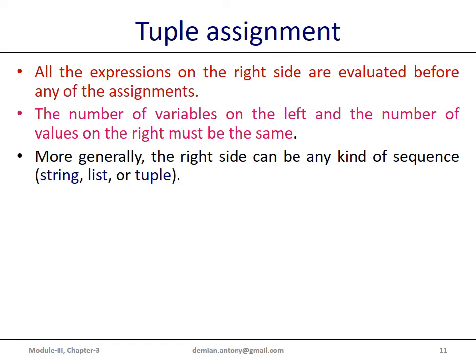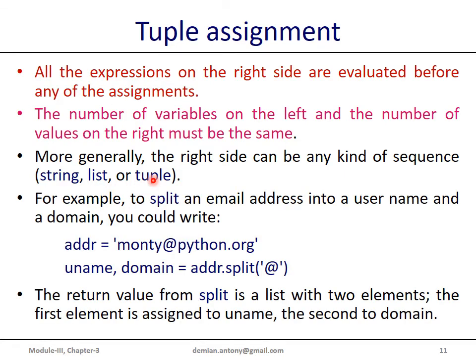One thing we have to note is the number of variables on the left hand side and the number of values on the right hand side must be the same, otherwise we receive an error. More generally, we can have any kind of sequence on the right hand side. We can have a string, a list, or even a tuple.